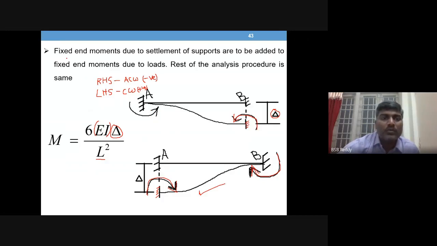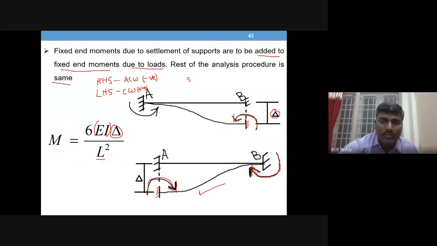So fixed end moments due to support settlements are to be added to fixed end moments due to loads. This is the change in the analysis procedure of the moment distribution method, and the rest of the analysis is the same.